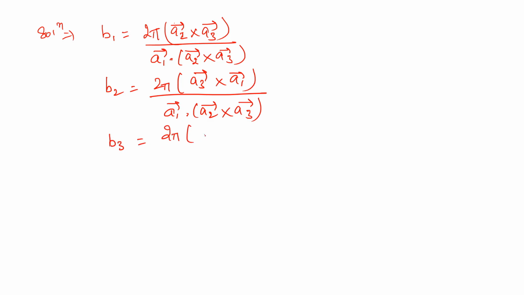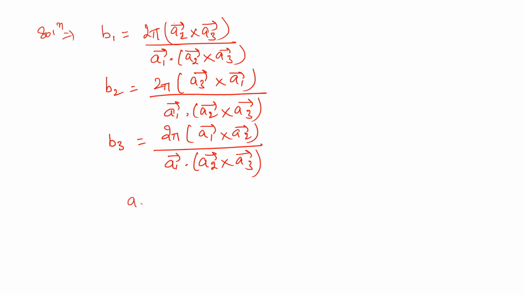And B3 is 2 pi A1 cross A2 upon the same. The denominator is just the volume of the direct crystal lattice, whereas the numerator changes according to the primitive lattice vector of the reciprocal lattice. Okay, we'll solve this.